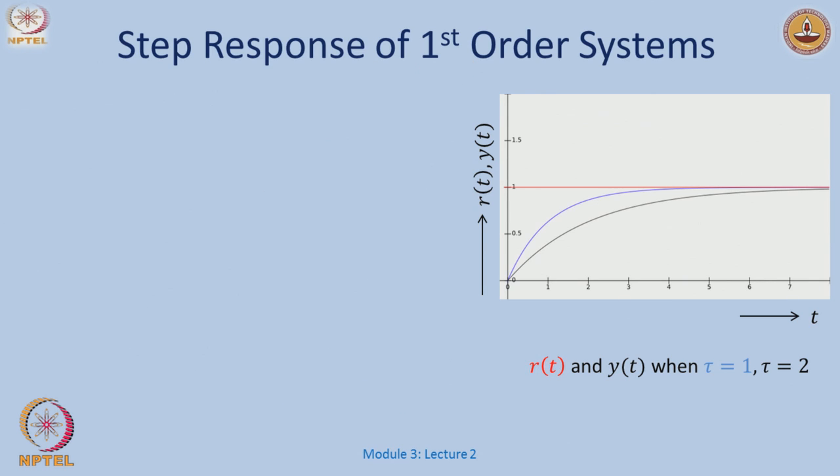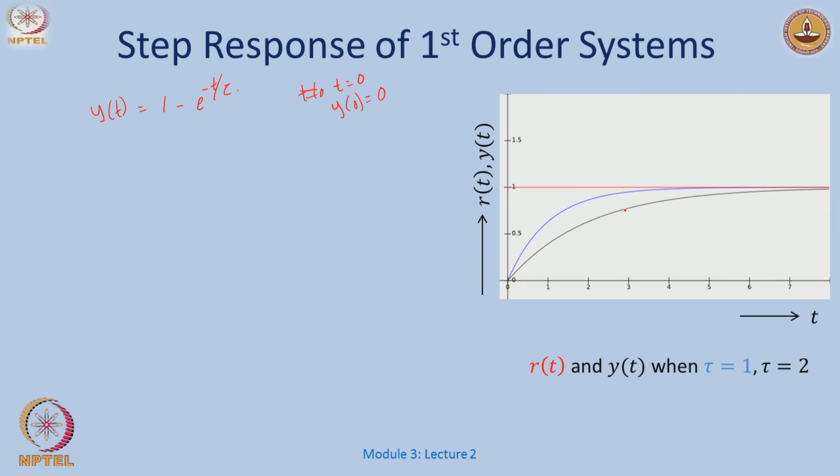Now, something good happens here. So, look at this signal. What I have is that y of t is 1 minus e power minus t over tau, and at t equal to 0, y of 0 is 0, and that is what even the plot says.